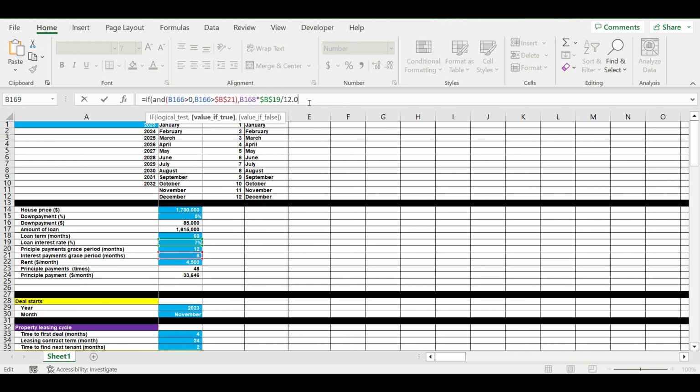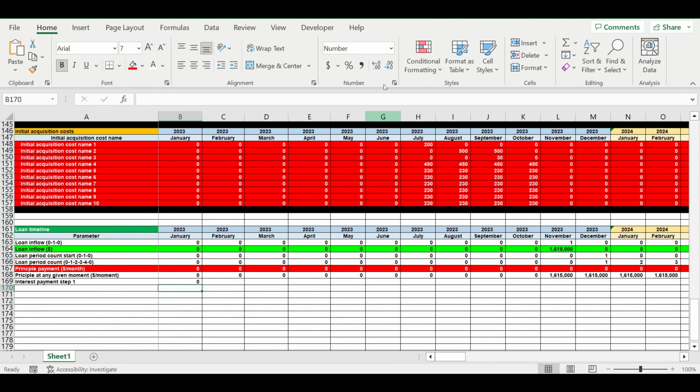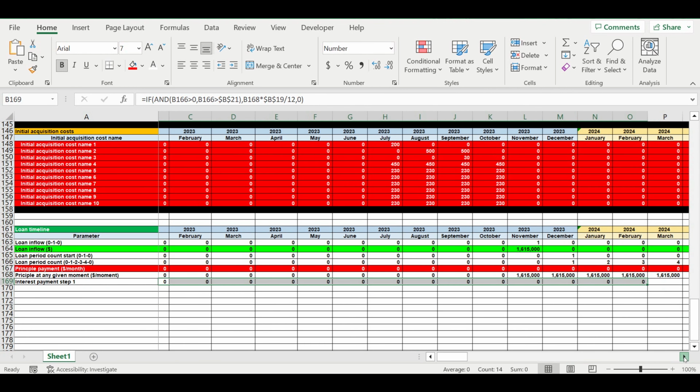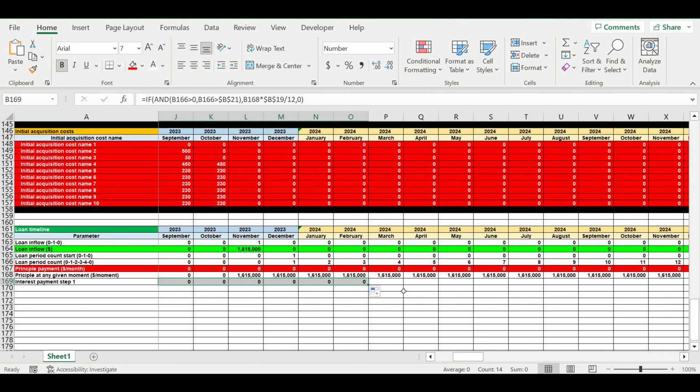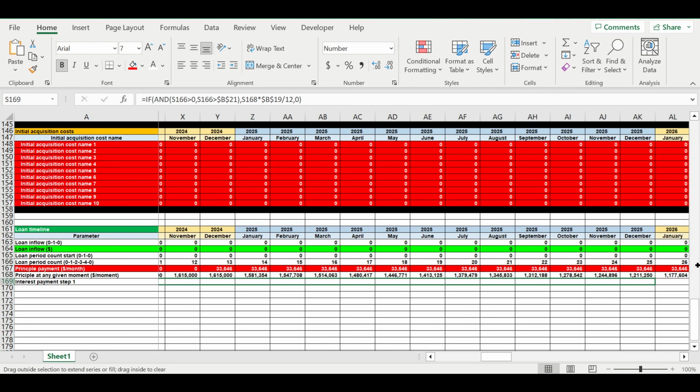Otherwise we put here a 0. Now I will extrapolate this formula to the right. So we have 6 months of grace period for interest payments, and then we start paying the interest.